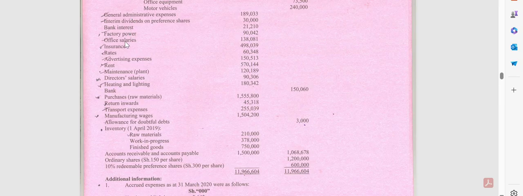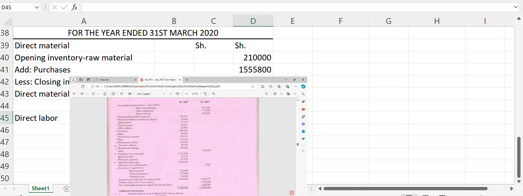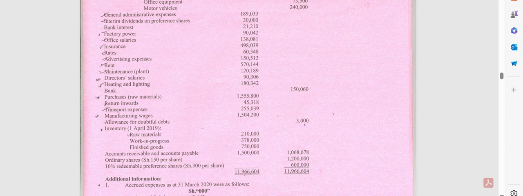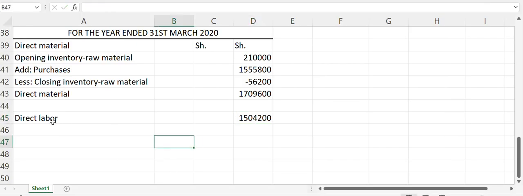Those are indirect. Office salaries, rates, advertising, maintenance, plant, director, heating. Manufacturing wages, here it is, manufacturing wages, it is 1,504,200. Let me confirm the figure. Yes, we are done with that.